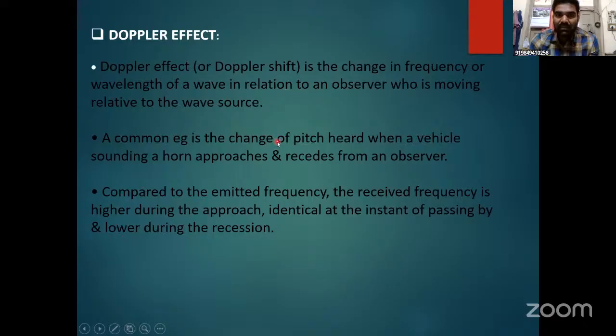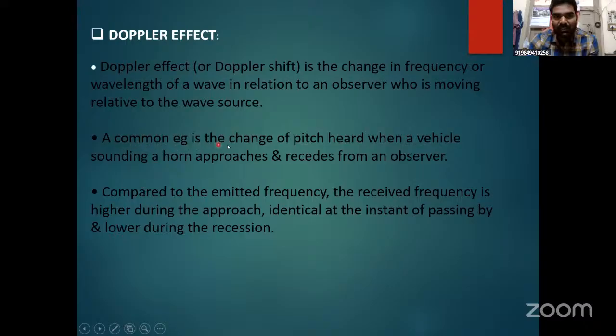As I am the observer, there will be a change in the frequency and wavelength of the wave if I am moving relative to the wave source. That is a Doppler shift.